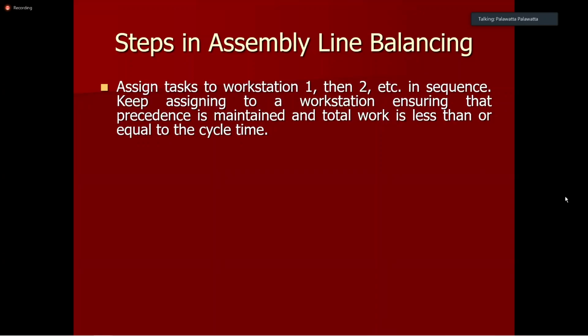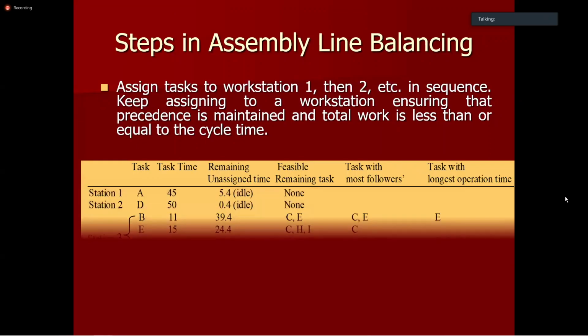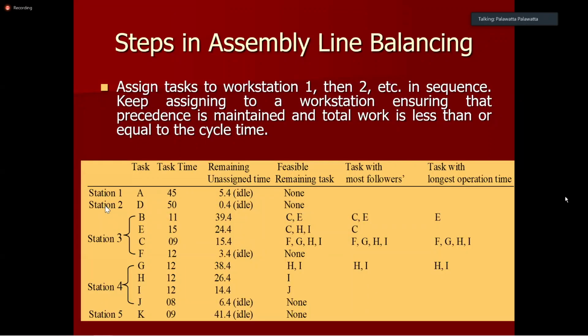So we cannot exceed 50.4 seconds. Let's say station 1, task A's time is 45. From 50.4 seconds, we subtract 45. Then the remaining time in the workstation will be 5.4 seconds.